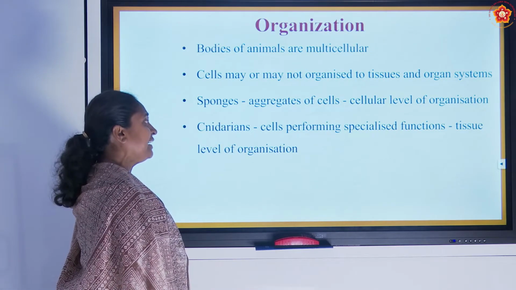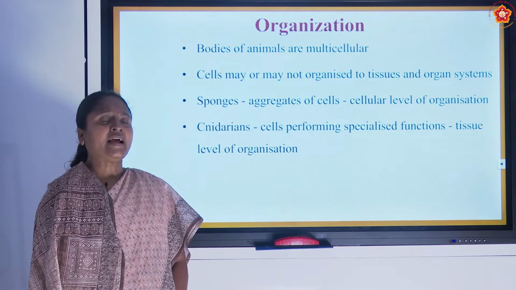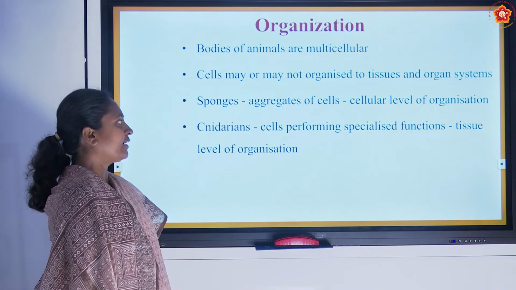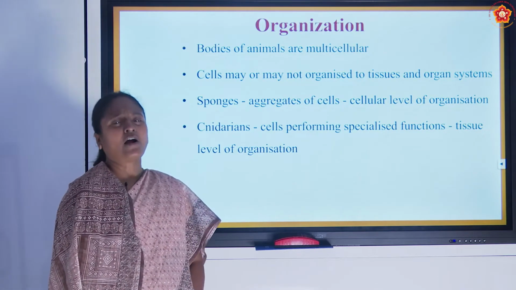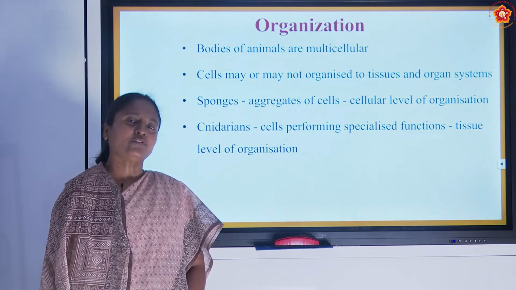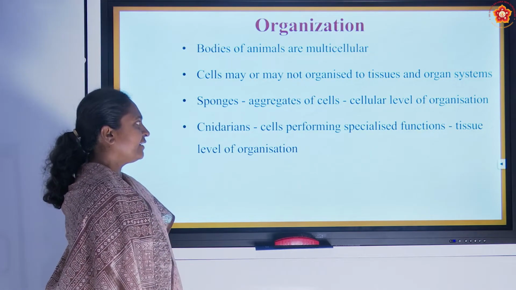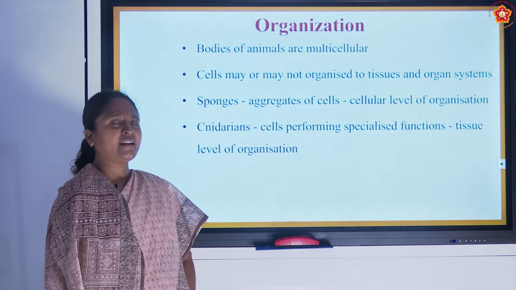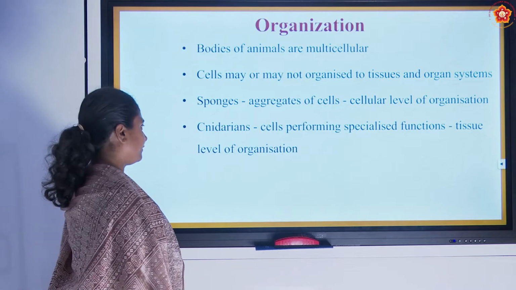Then in cnidarians we can see the cells forming specialized structures and also functions, a little more complex organization: tissue level organization. A few cells combine together to form a tissue, and that performs a certain function.